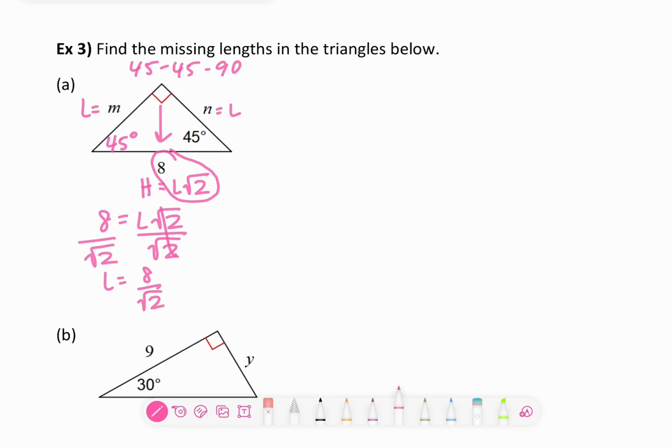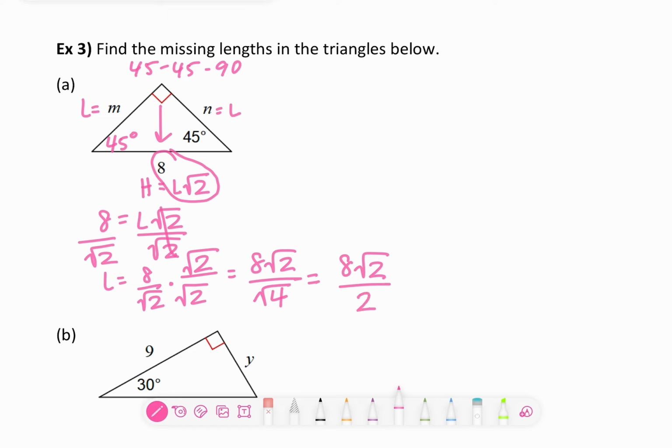So what we do is we multiply by another square root. Because what's going to happen here, you'll see, is when we multiply two square roots together, we actually get a whole number. Okay, I'll show you what's going to happen. So we get 8 times square root 2 in the numerator now. And in the denominator, we get square root of 2 times 2, the square root of 4. If we keep simplifying, we get 8 square root 2 over the square root of 4, which is just a whole number 2.